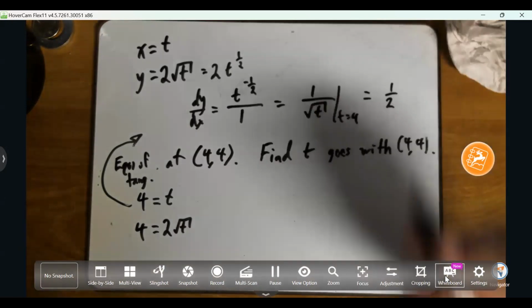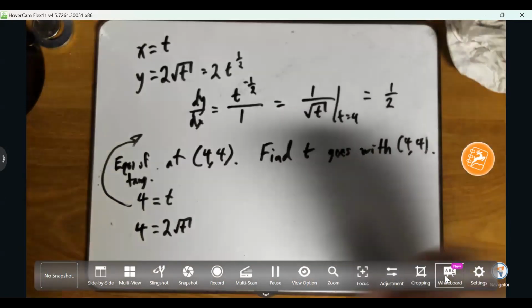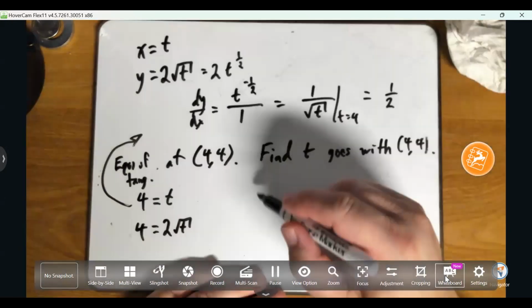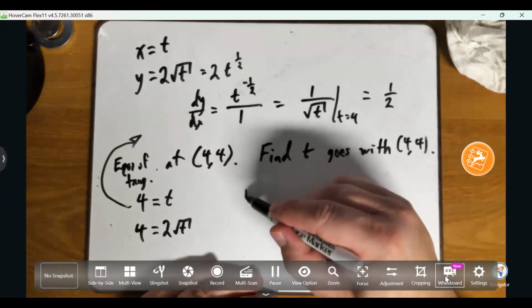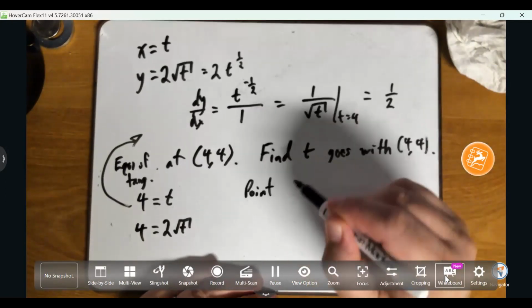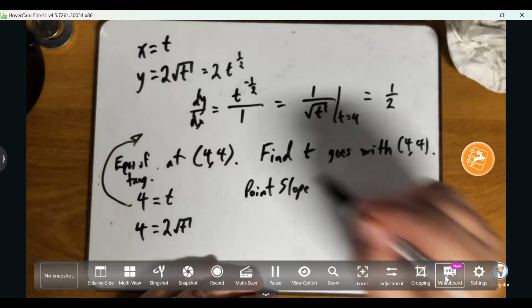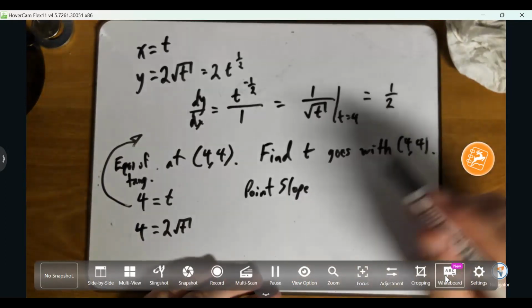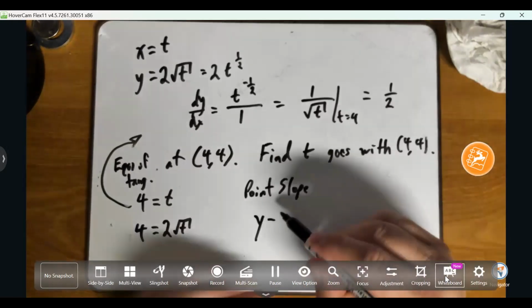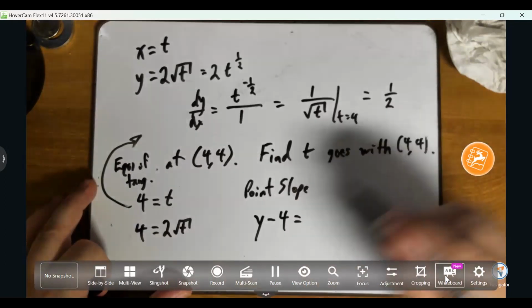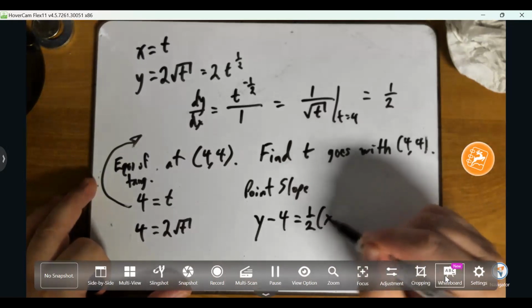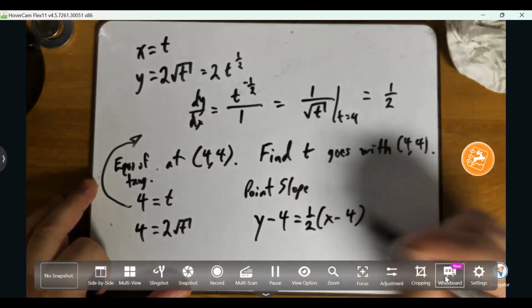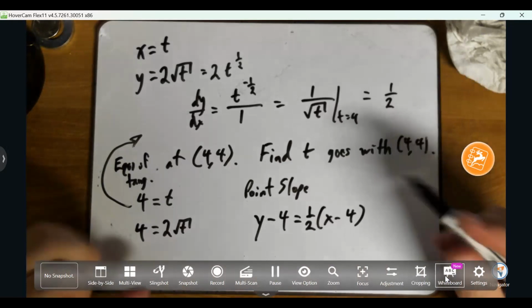Okay, great. But slope is only one part of the tangent line. Use the point slope form if you're looking for the equation. So y minus y naught, that's 4, equals the slope 1/2, x minus x naught, also 4, and then solve for y.